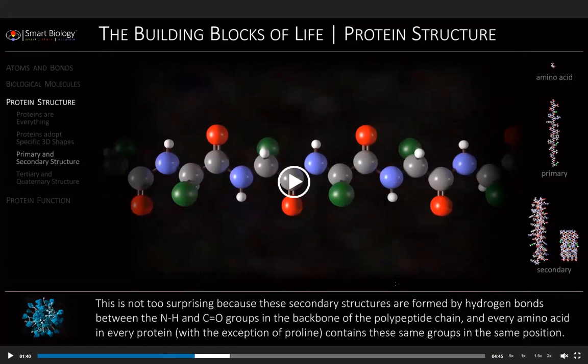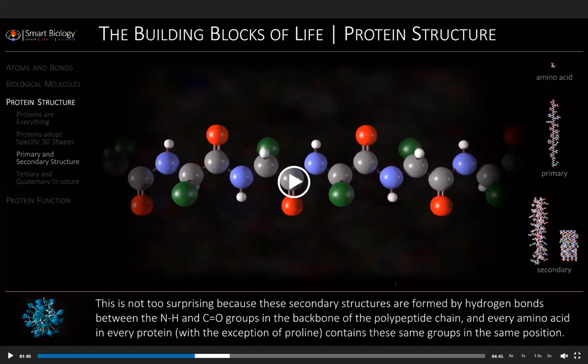Hydrogen bonds are the most important. Hydrogen bonds are relatively weak, but when you have many of them, it becomes a relatively strong collective bond, just like in DNA, where two strands are joined by hydrogen bonds. Similarly, the secondary structures of proteins are also joined by hydrogen bonds.